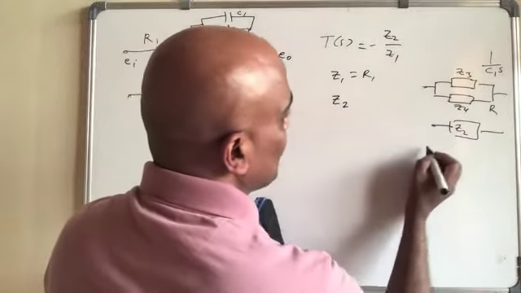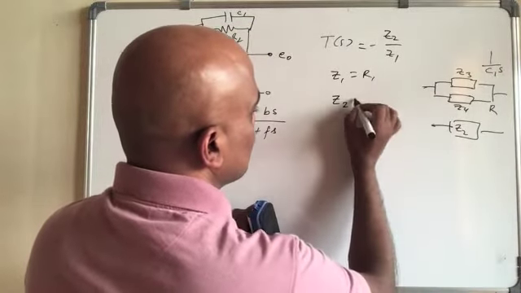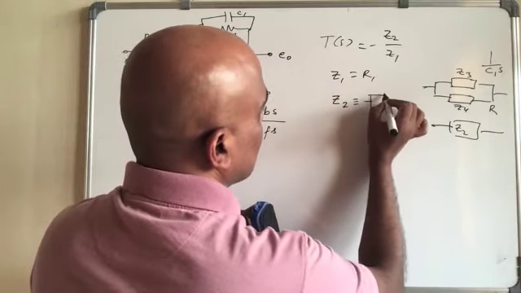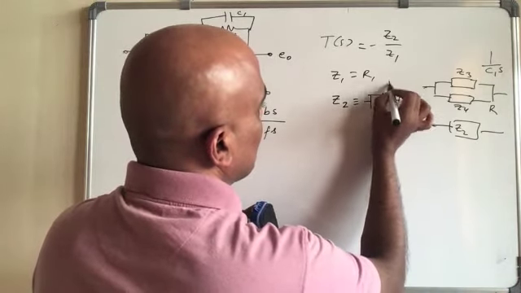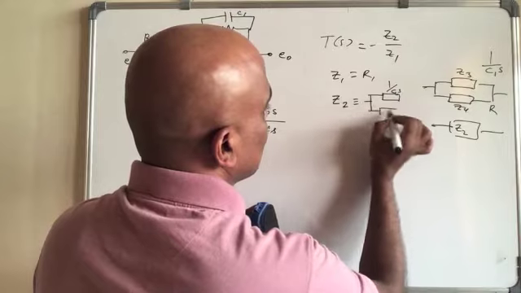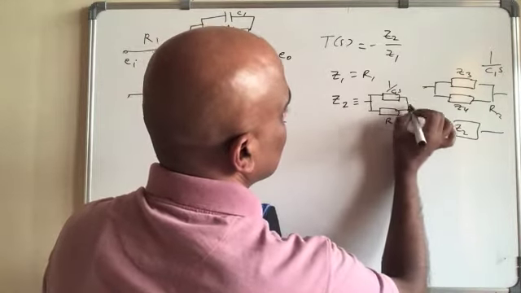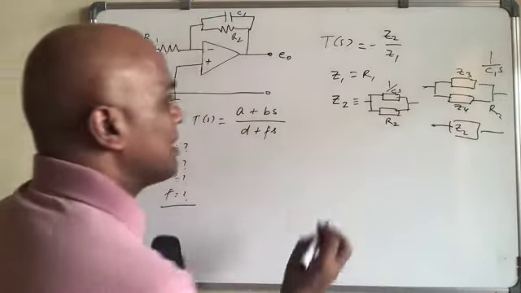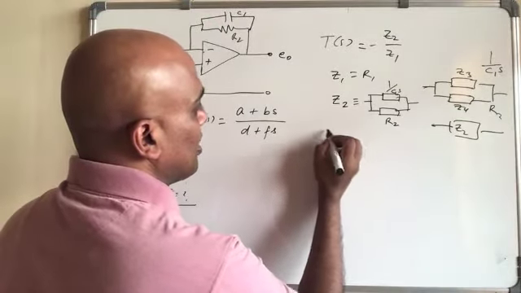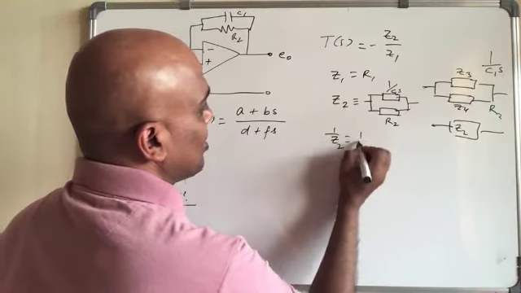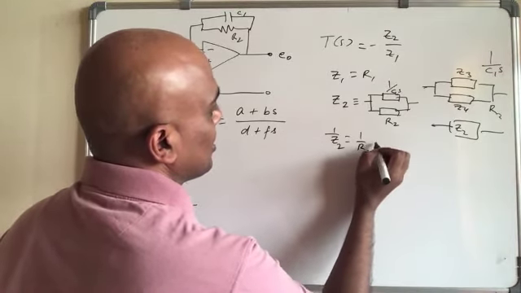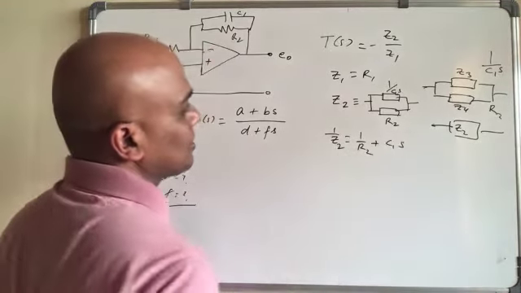So basically Z2 here is 1 over C1s, and here you have R2, like this one. Now they are in parallel, so hence you will have 1 over Z2 equal to 1 over R2 plus C1s.